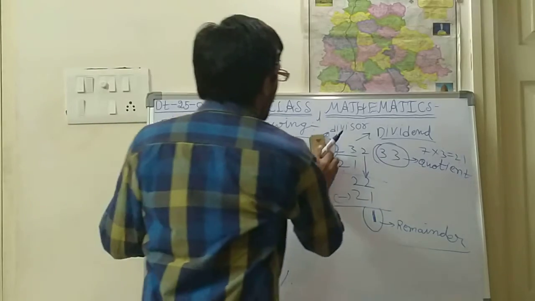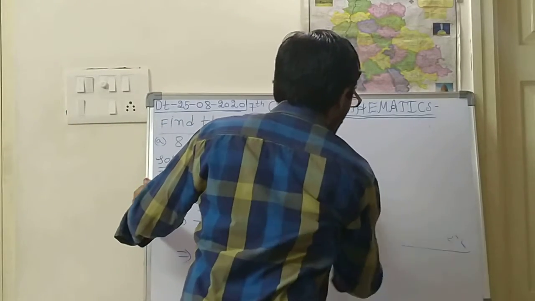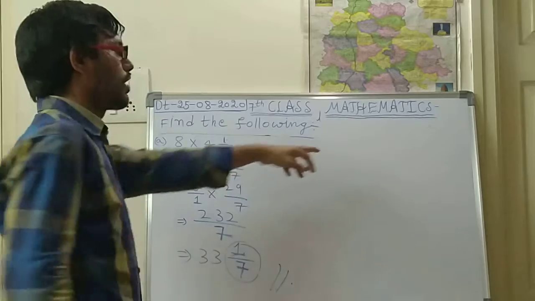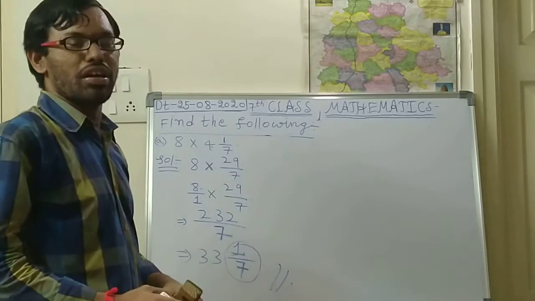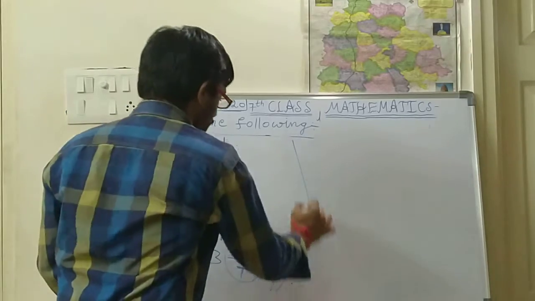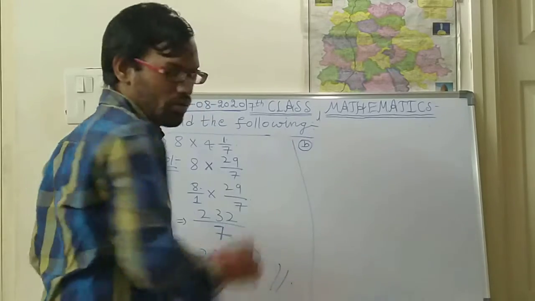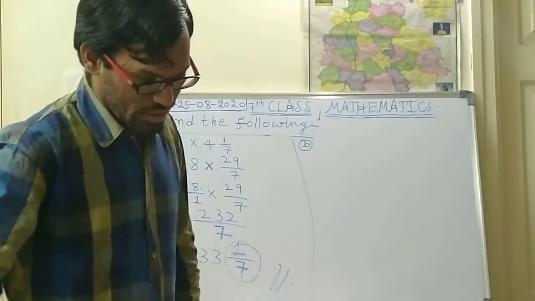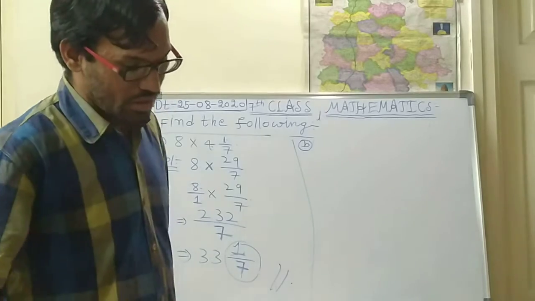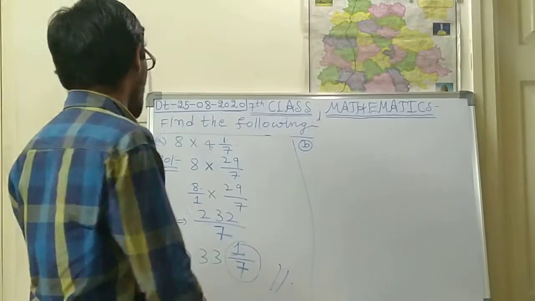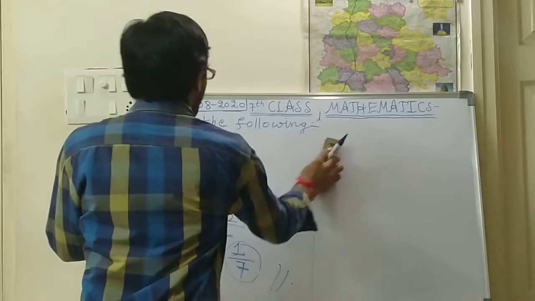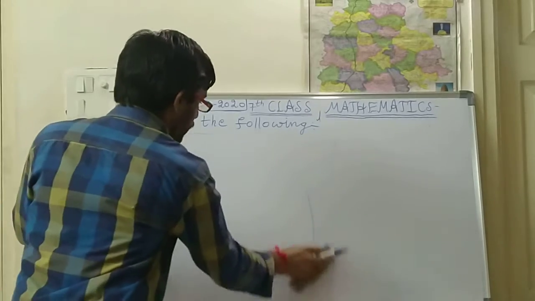So we shall go on with one more problem. Hope you have understood the division process and this multiplication process. Now the second one, the B problem, we shall see. We shall see the pictorial representation, how we have to do the pictorial representation.